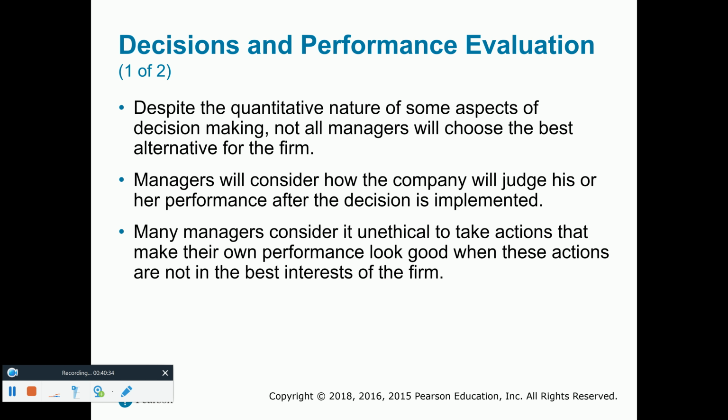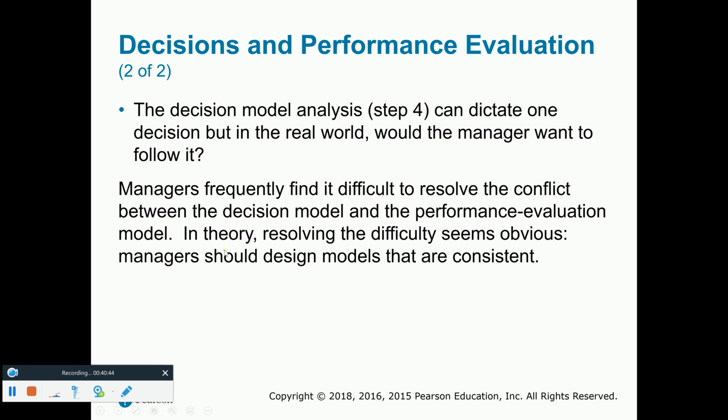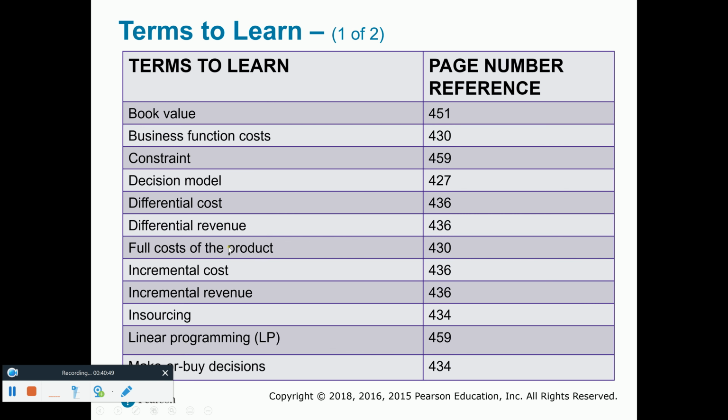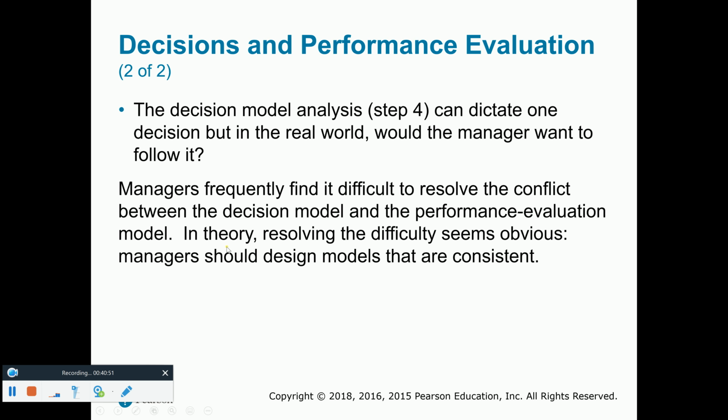Probably not the best idea. So obviously, you need to look at the good of the company as a whole. A lot of times, quantitative and qualitative decisions will help us. So certainly, we need to look at both quantitative and qualitative.